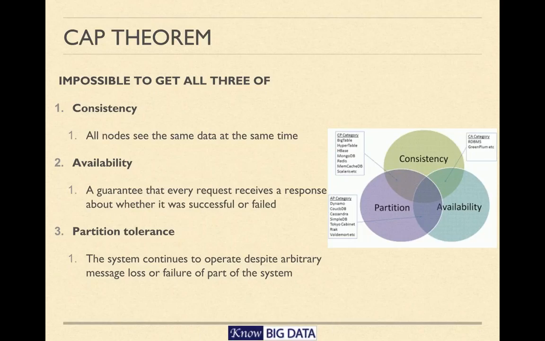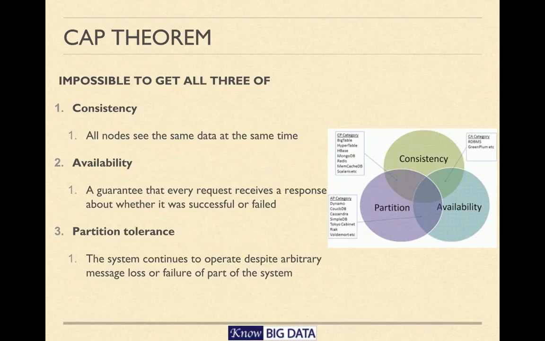If you're coming from a relational background, you'll feel that it's quite obvious that all the users should see the same data at the same time, correct? But we will talk about why it's not possible. Let me just define a few more things.